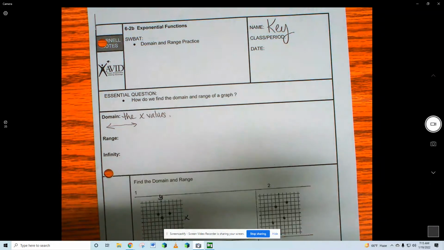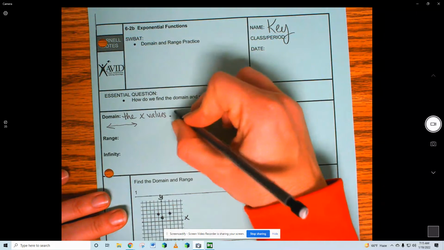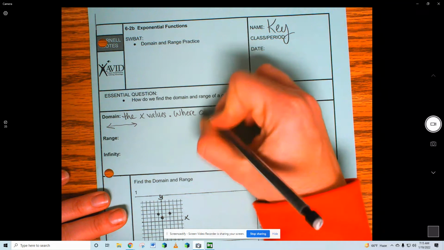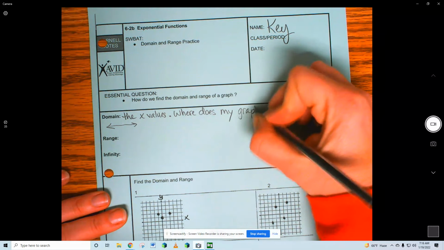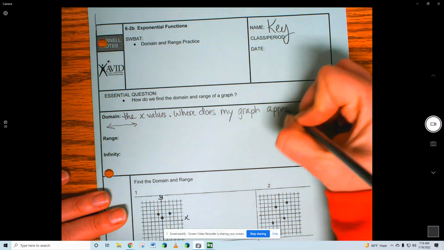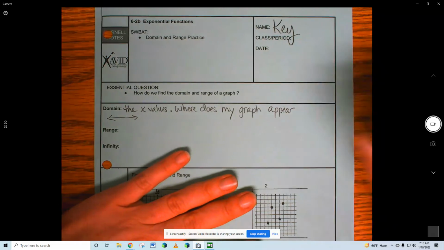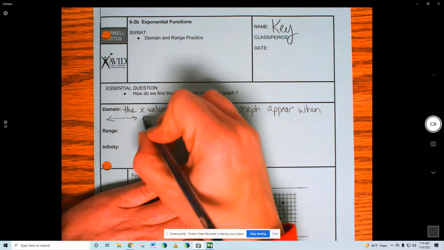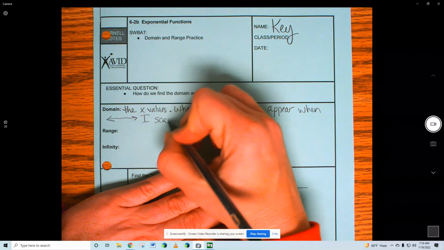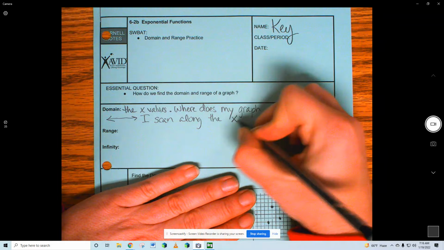And what you ask yourself is, where does my graph appear when I scan along the x-axis?